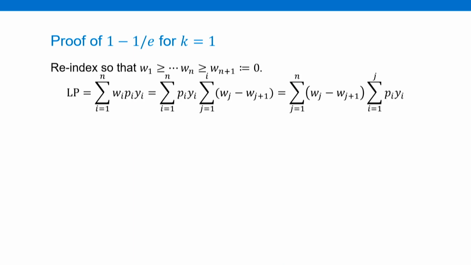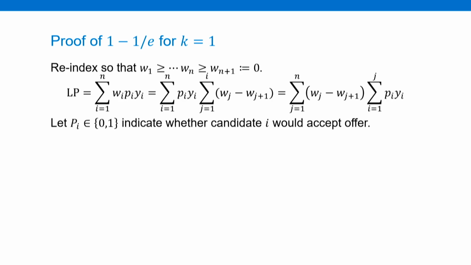At the end of the day, you should think about this as the probability that I hire candidate i or better, smaller indices are better, and I collect this gain from candidate j to candidate j plus 1 if and only if I hire a candidate whose index is j or lower. OK, so that's the LP.